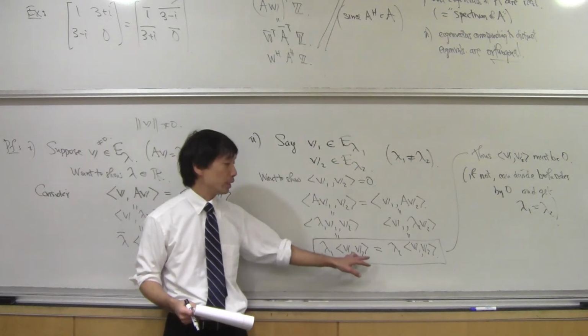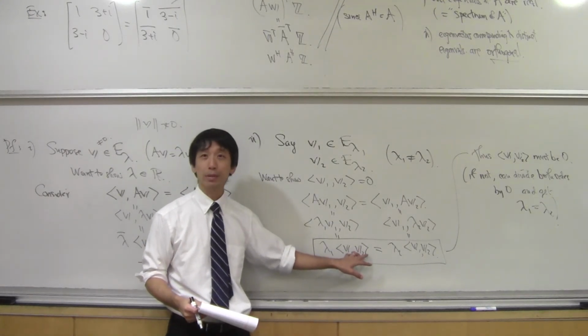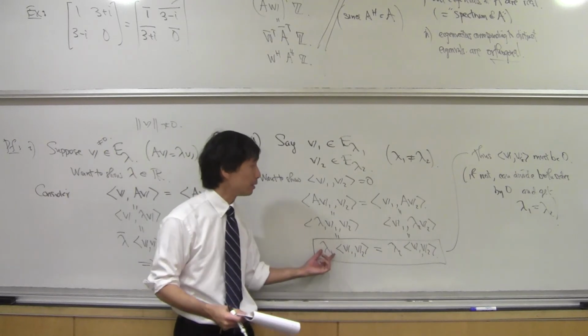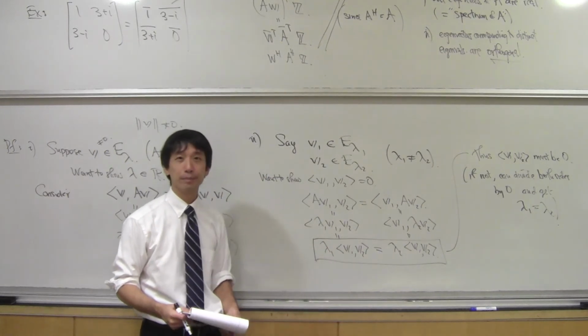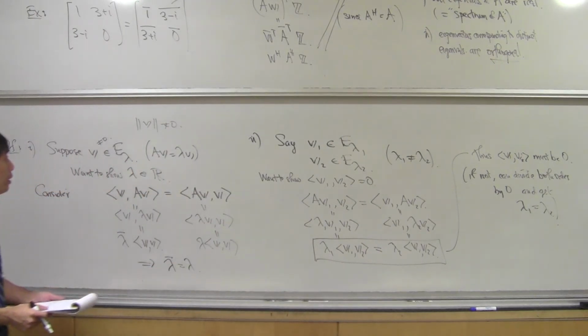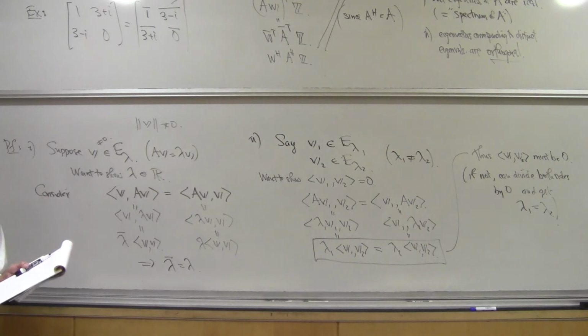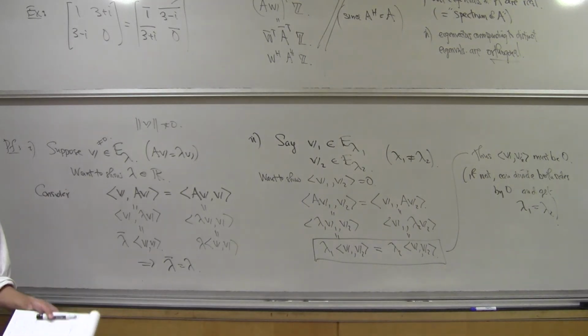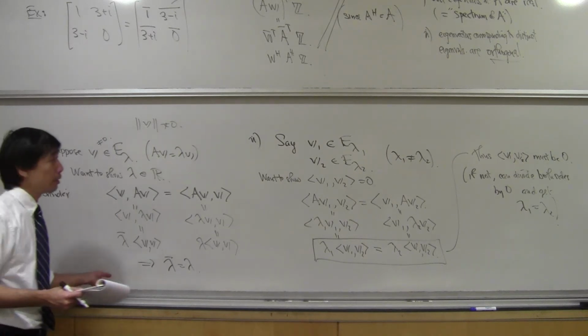So V1, V2 has to be equal to 0. So this is cool. It's not just that the eigenvectors are linearly independent. They're actually orthogonal to each other. They're perpendicular to each other.